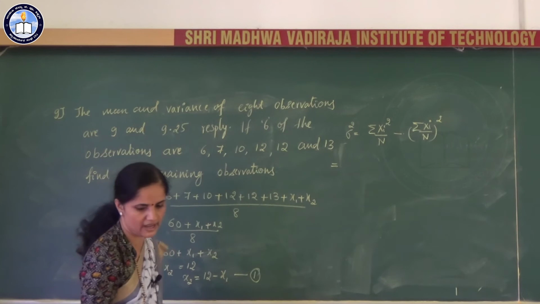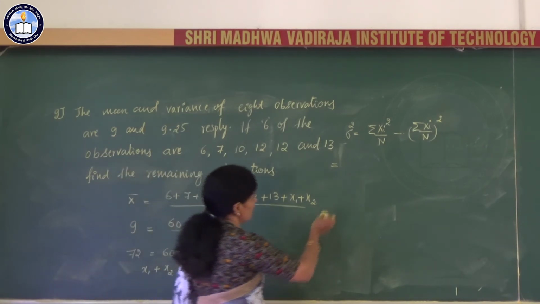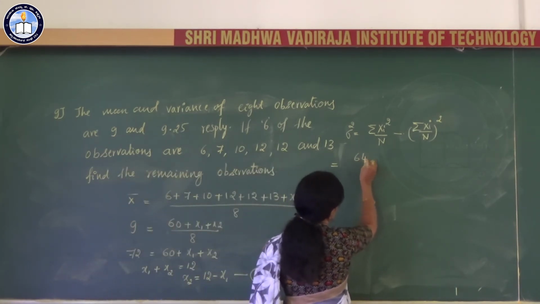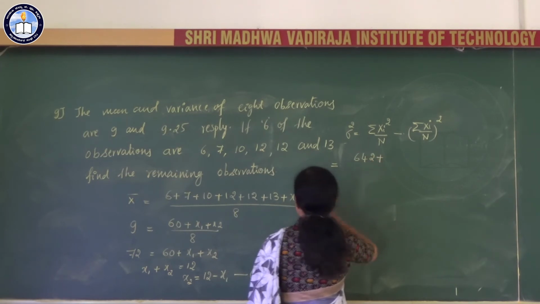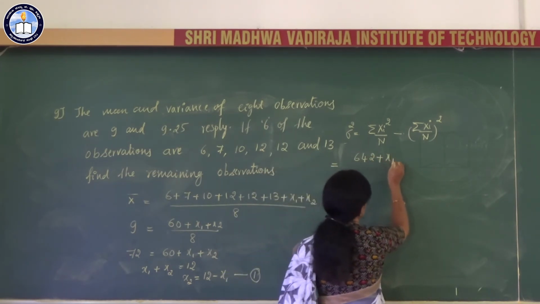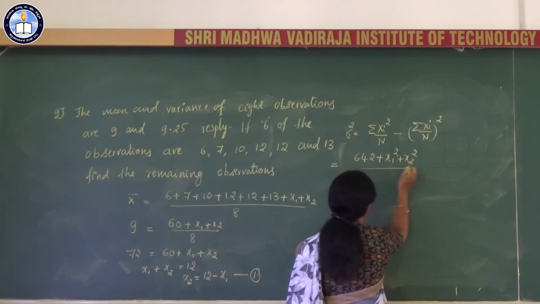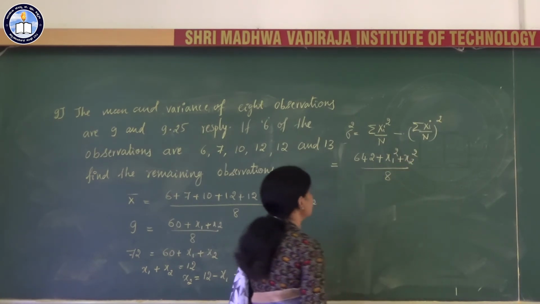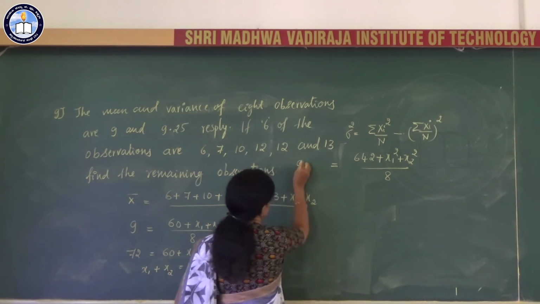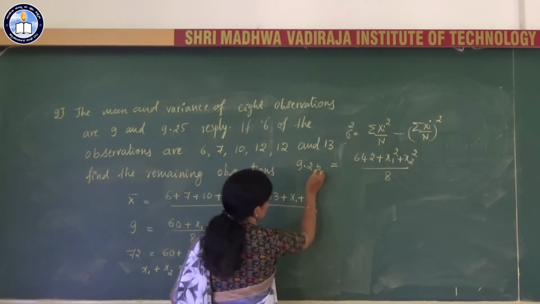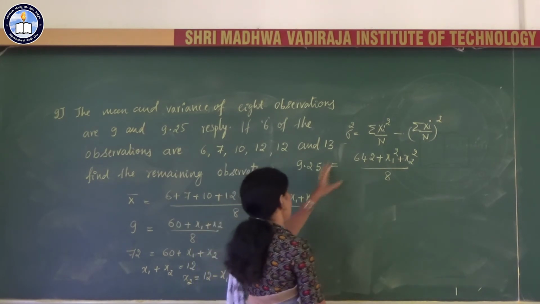If you square and add, you will get 642. Check it. 642 plus x1 square plus x2 square, divided by the number of scores, which is 8 here. And here they have given 9.25 as the value of variance.